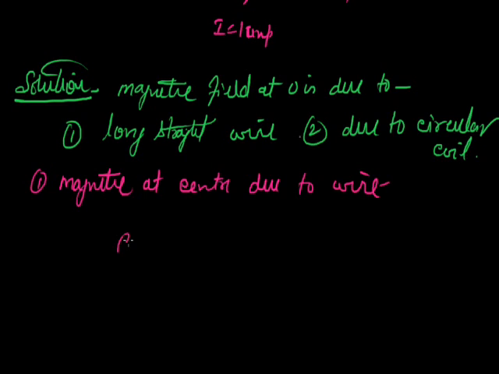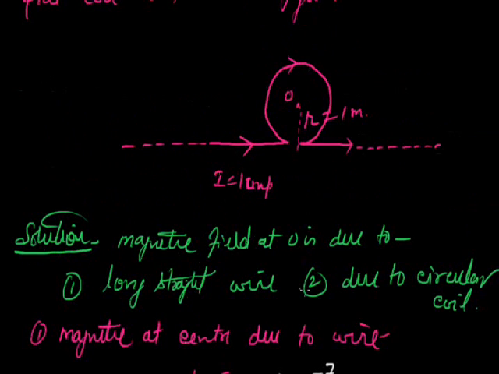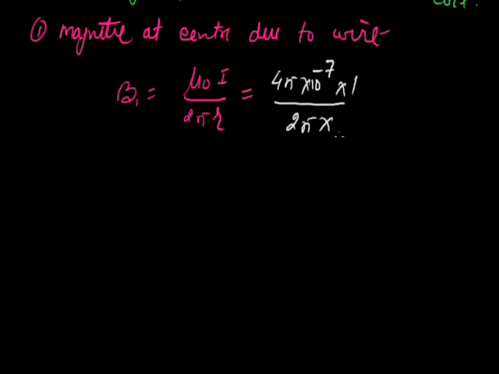Suppose B1 is mu naught I upon 2 pi R. Putting in the values, 4 pi into 10 raised to the power minus 7, current is 1 ampere, and 2 pi into radius, which is also 1 meter. That's 2 into 10 raised to the power minus 7 Tesla.